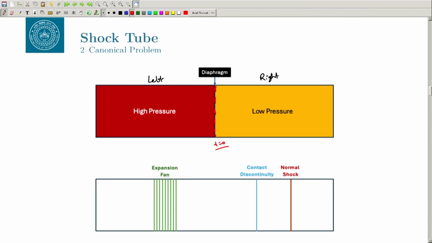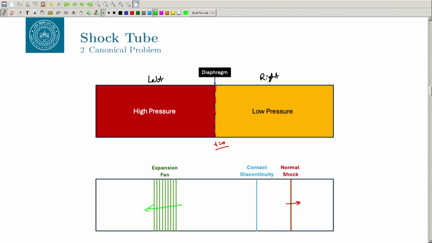As the diaphragm bursts, those who have taken any course in compressible flow or gas dynamics would know that when we create a very high pressure differential at a given location, a shock will form and this shock will start moving on the right hand side, and because of that you will have the expansion fan which will move on the left hand side.